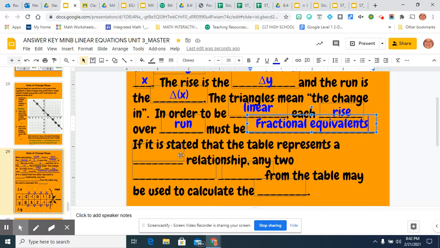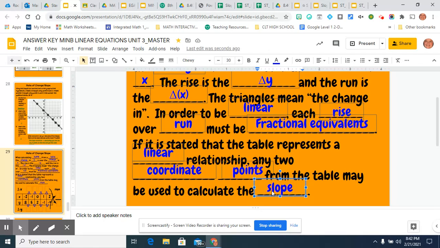So if it's stated that the table represents a linear relationship, any two coordinate points from the table may be used to calculate slope. A table is made up of coordinate points of the relationship.